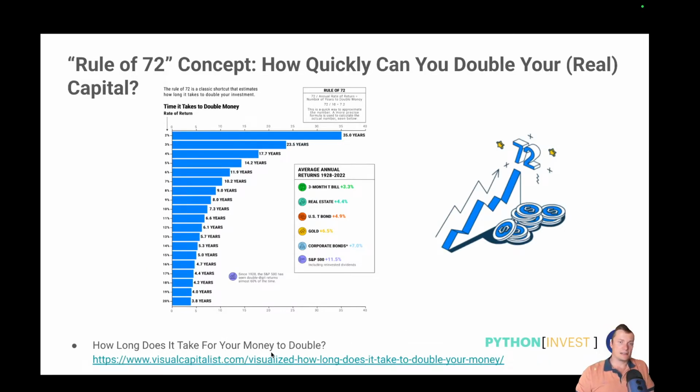And this is the concept, the rule of 72. How quickly can you double your real capital? Approximately, if you want to achieve a rate of return of 10%, then you can double your capital in 7 years.